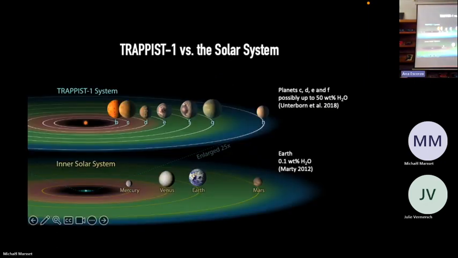If you compare the inner solar system to other systems hosting terrestrial planets, I don't know how reliable this is, because this is not my field, but apparently in the case of the TRAPPIST system, planets C, D, E, and F, which are in the habitable zone, have up to 50% water. A bit of water is good for life to emerge, but too much water is not great.